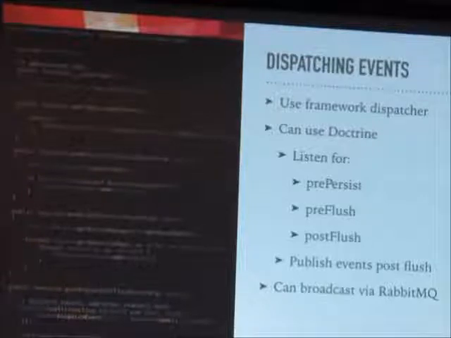You don't have to worry about things not being persisted properly, or events being fired when it's not actually been saved. It's quite a nice little bonus that you get almost for free. Obviously at that point, when you're doing the dispatch, you can dispatch through a particular queue, Rabbit, or ZeroMQ, or Redis, whatever, and then hook listeners in and start doing other stuff with them.